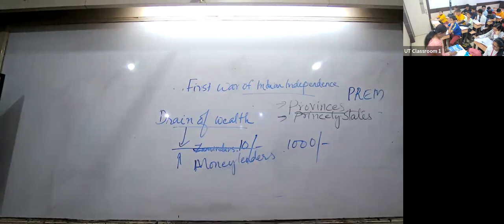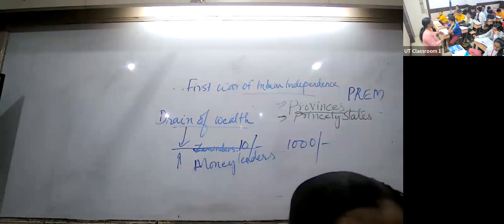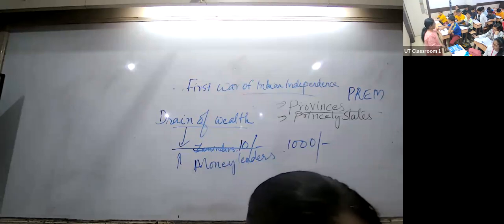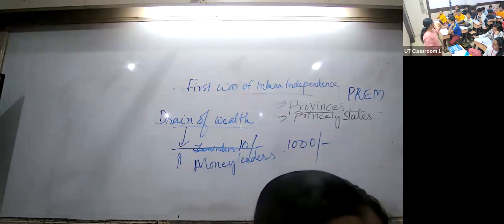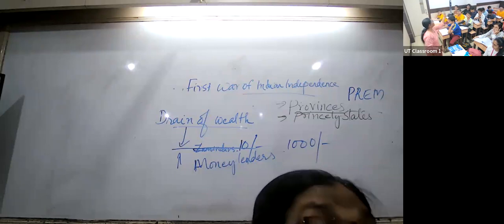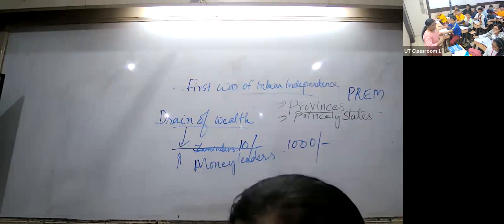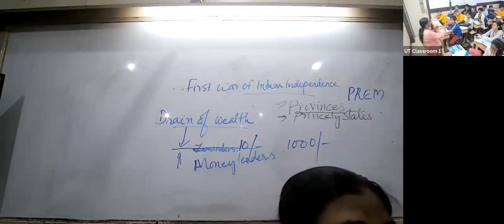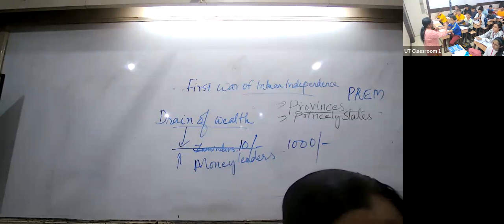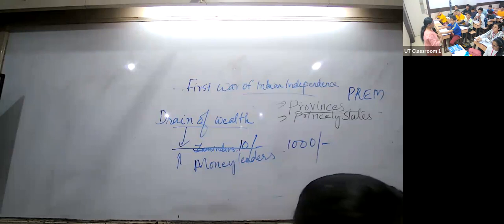Next is foreign policy. What do you understand by foreign policy? Earlier, there was the policy of export. The British collected the goods and exported them to their nation.